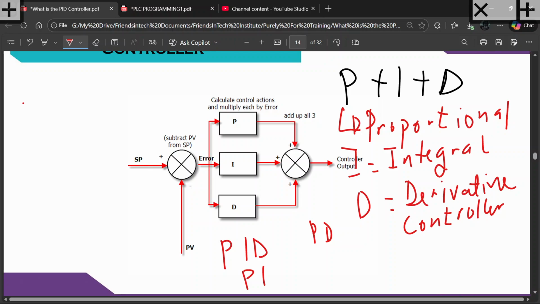But we cannot have P control alone, integral control alone, or derivative control alone to control a real industrial system. So it is good to combine 3 controllers or 2 controllers to have PID, PI, or PD controller.